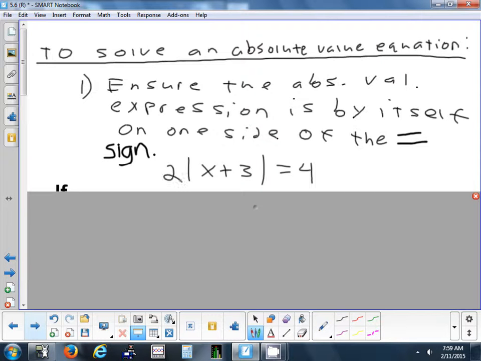Again, this is another case where the absolute value expression is not by itself, because now it's 2 times the absolute value expression equals 4. We'd have to get rid of this 2, and now the absolute value expression is by itself. We'll talk about what we have to do using arithmetic. It's either going to be adding, subtracting, multiplying, or dividing.